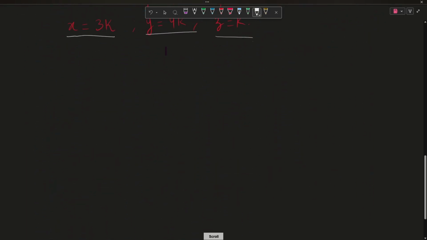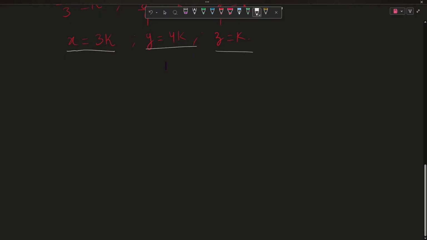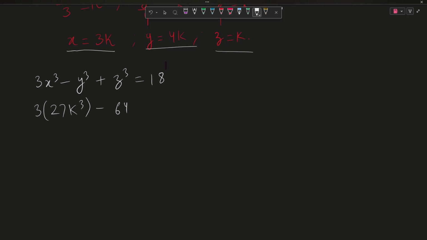So what we can say is 3x cube minus y cube plus z cube equals 18. Substituting the values, x is equal to 3k, so 3 into 27 k cube, minus y cube, which is 64 k cube, plus z cube, which is k cube, is equal to 18.